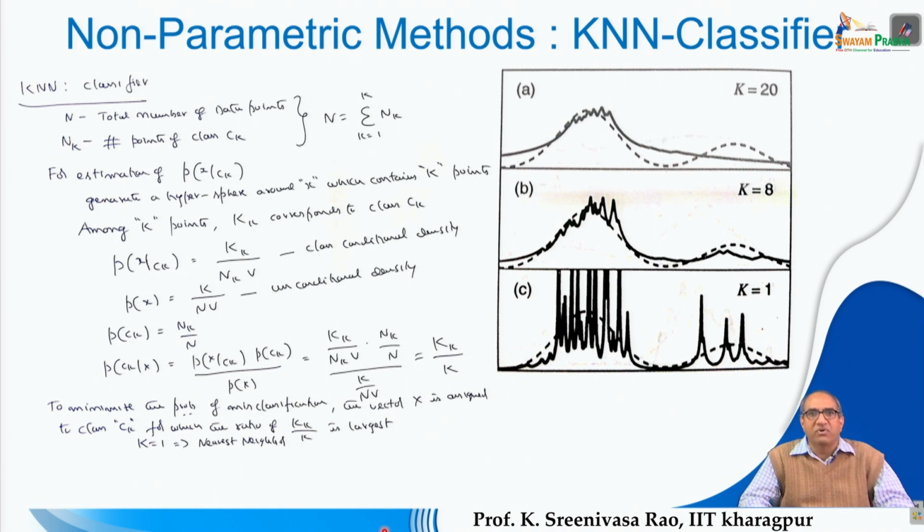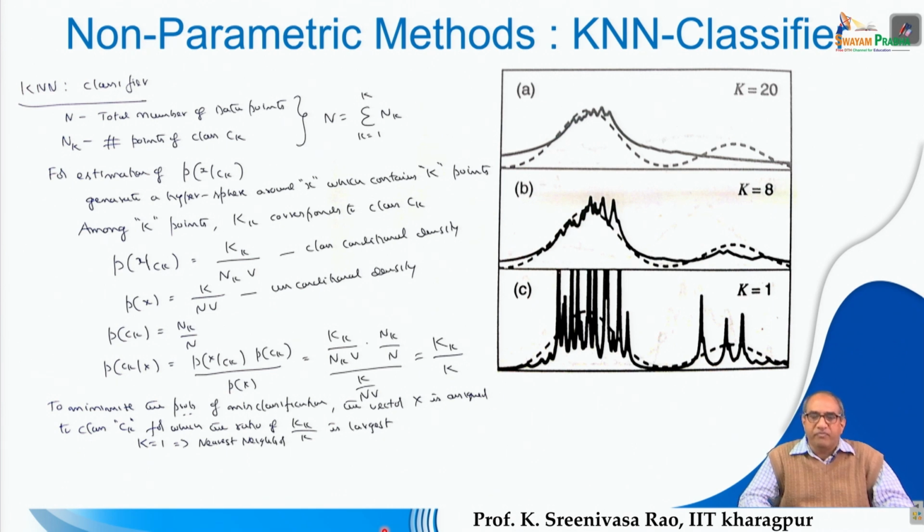In non-parametric methods, we do not assume any functional form. The general methods used to estimate the probability density are kernel based methods and the k nearest neighbor method. In the last class we discussed the kernel based method, and we also introduced k nearest neighbor.